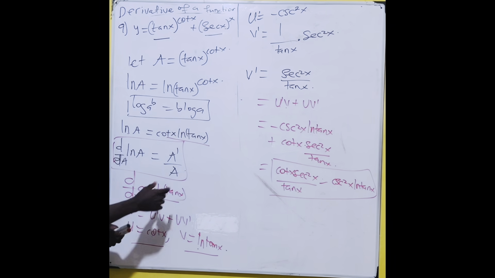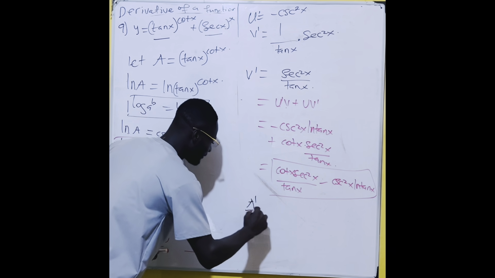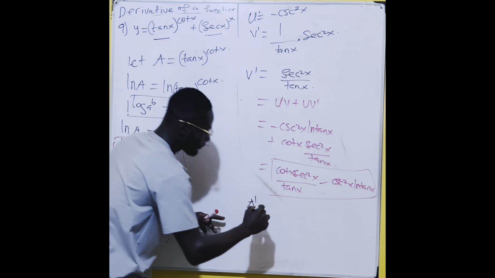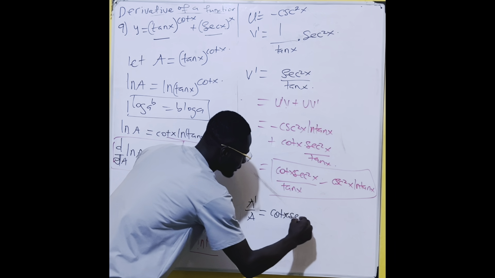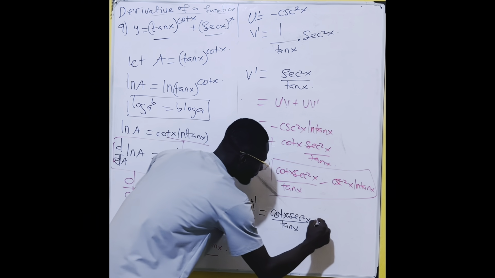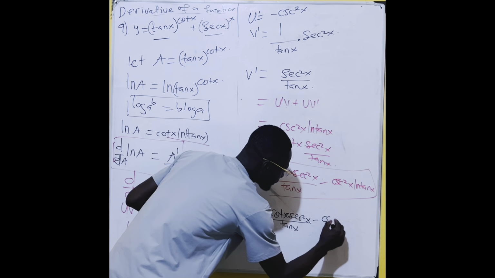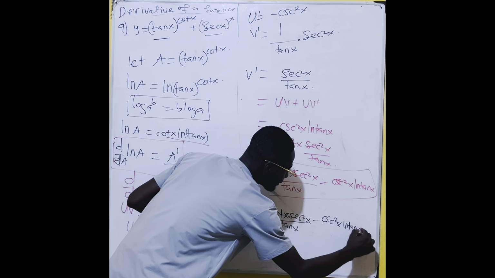And the left hand side, so we had this. So in all, we have a prime divided by a equals cot x sec squared x divided by tan x minus cosec squared x ln tan x.